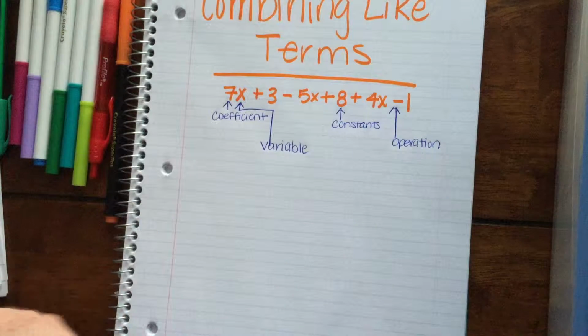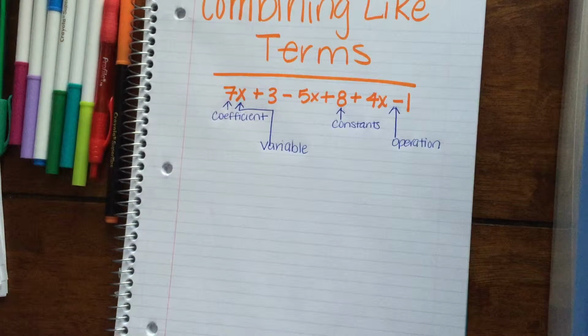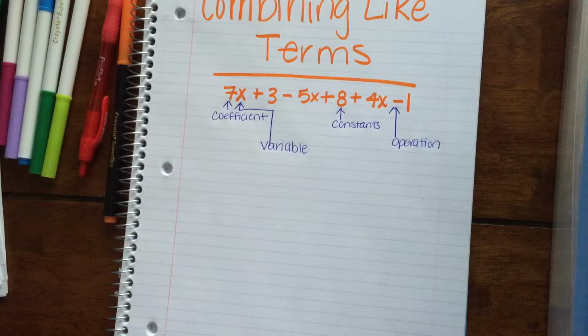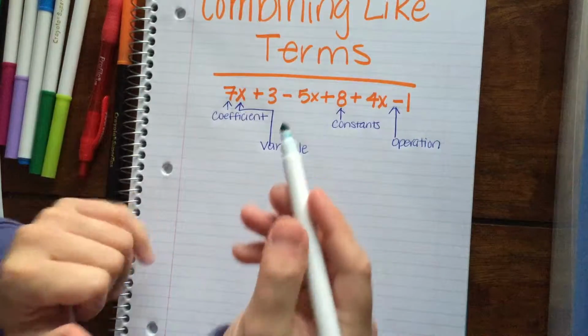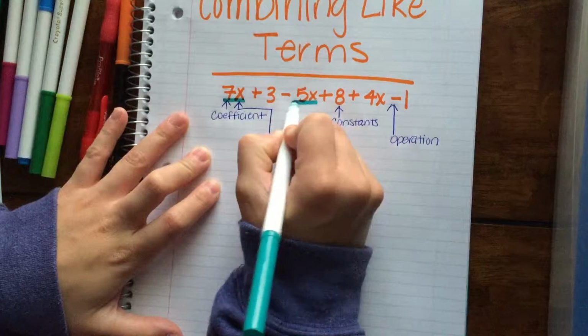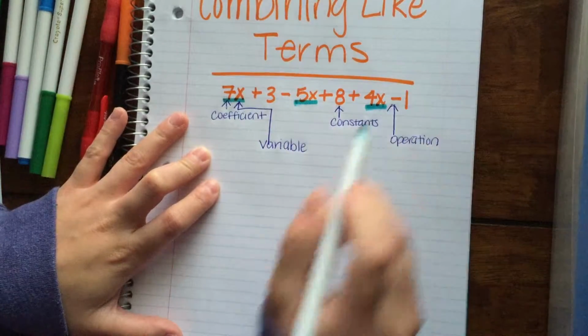Okay, so you can simplify an expression just by combining like terms. What I like to do is underline with the same color the terms that are the same. So we have a 7x, we have a 5x, and a 4x.